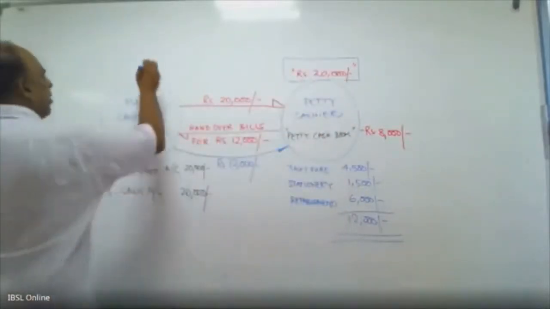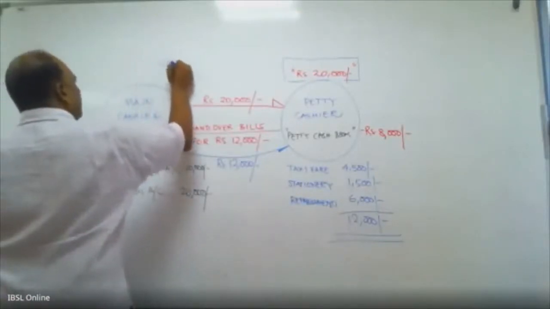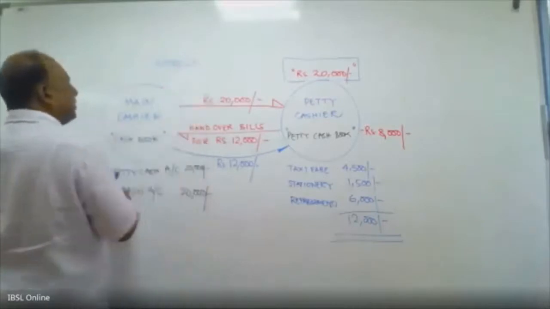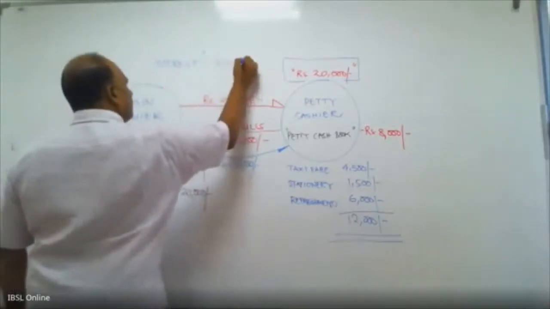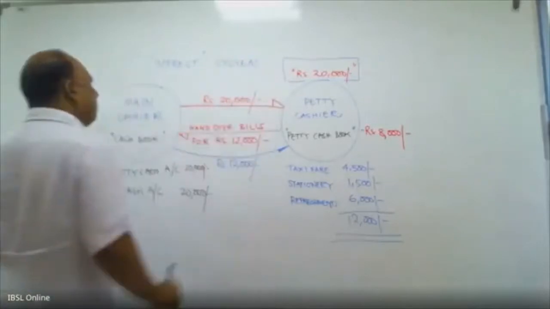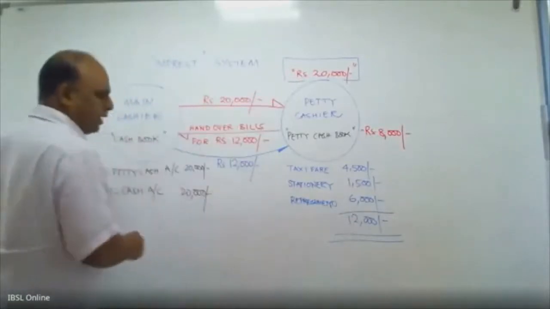Once you are replenished, you will start the next month again with this amount. So this is called with a special name. This is known as the imprest system, I-M-P-R-E-S-T. What do we mean by the imprest system?